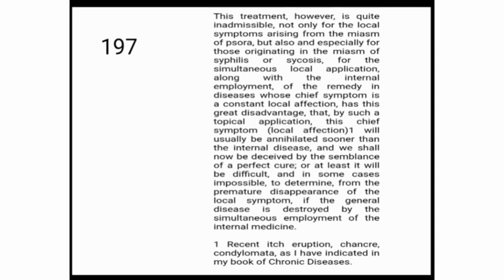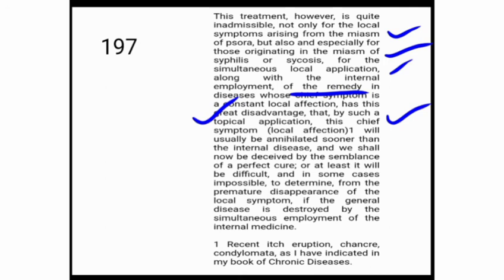Not only local symptoms arising from the miasm of psora, but also the miasm of sycosis and syphilis can be found, so that local application at the same time along with internal employment of that remedy will give constant great disadvantages. So we should not give the local application at that time. Why? Because the external topical application causes annihilation of the local symptom sooner than the internal.